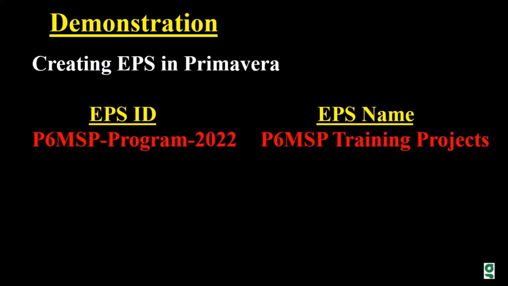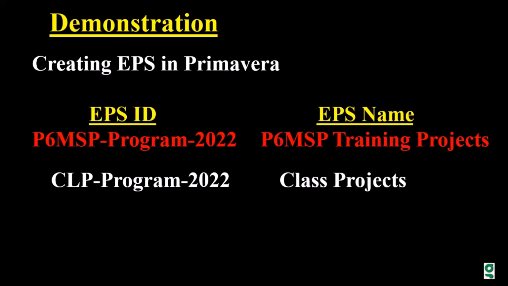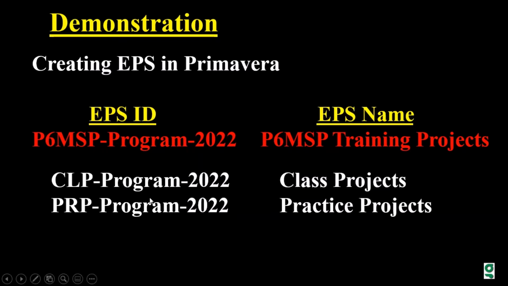Remember, I said the roots can be divided into several nodes. So we're going to create another node under this root. I'm going to call that CLP-program-2022. And the EPS name for that is going to be class projects. In the same way, we're also going to create another node, which is PRP-program-2022.